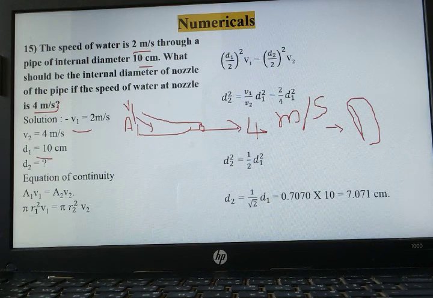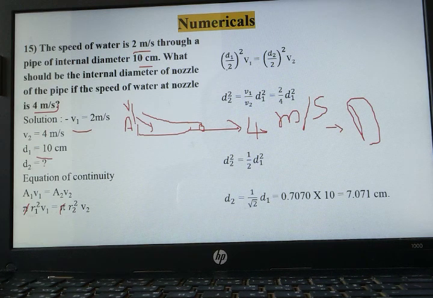So A1V1 = A2V2. A1, the area of the circle, is πr1²V1, and A2 can be written as πr2²V2. This π and this π will get cancelled. The radius can be written in terms of diameter, so r1 is d1 upon 2, whole square, V1. Similarly, r2 is d2 upon 2, whole square, V2.